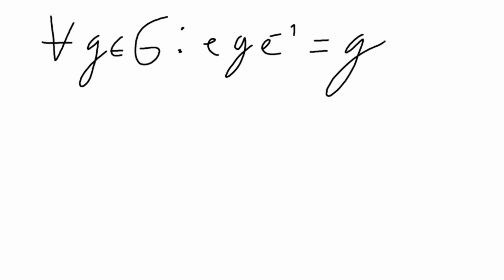So under conjugation the identity element E in a group causes an element to stay the same if we conjugate it by the identity. Then we also have symmetry.